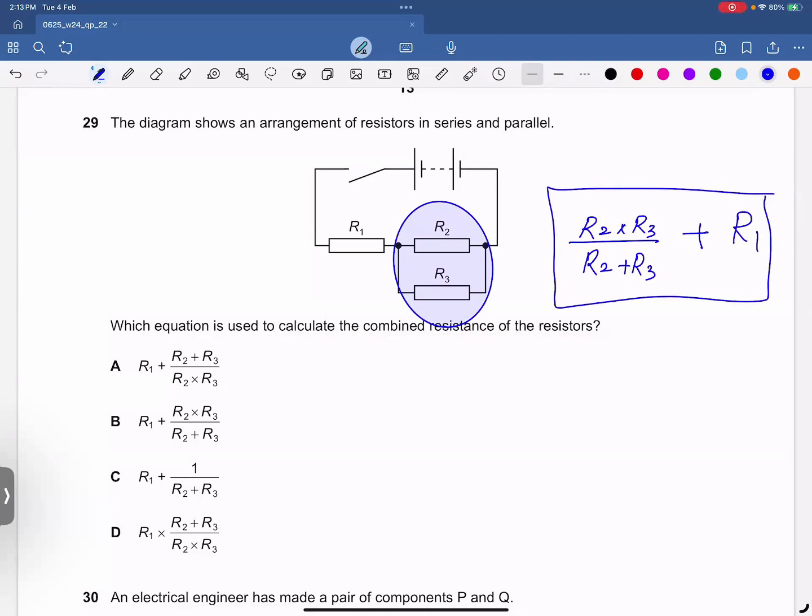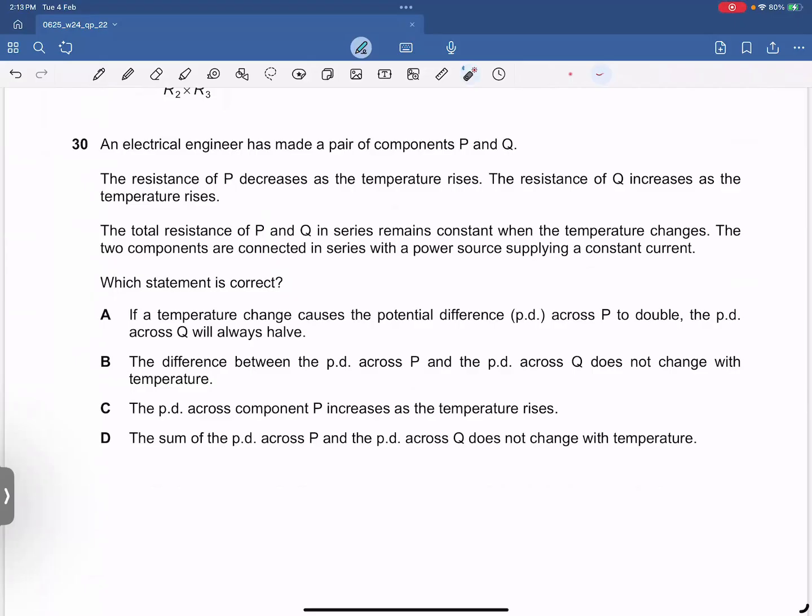So that's the final answer. The answer which matches this description is B. It's product over sum. A is sum over product. So right answer is B. Proceed to question number 30. An electrical engineer has made a pair of components P and Q. Resistance of P decreases as temperature rises. So this is thermistor.